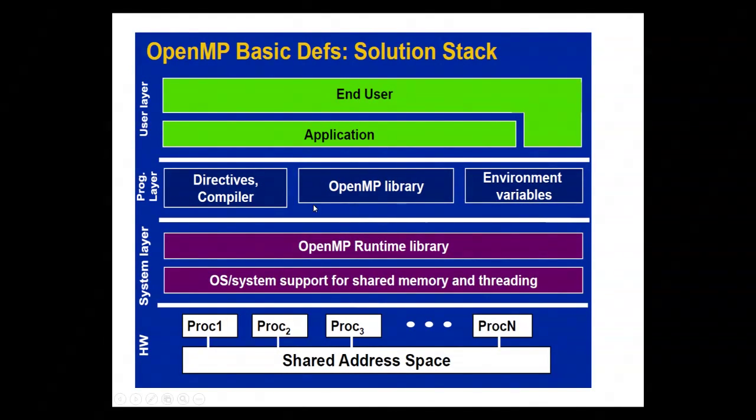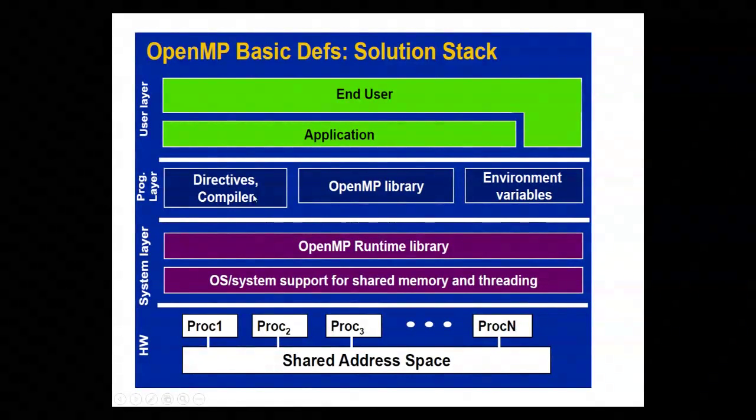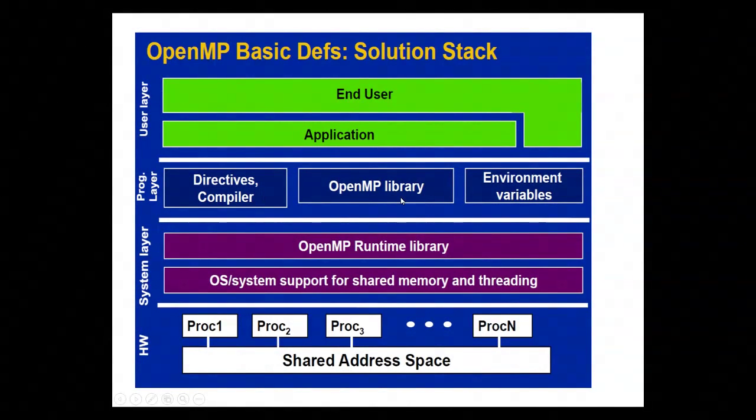And then on the program side, it's basically three parts: either the directives or the compiler library. This part is done on the software side and is supported by the compiler. And then you have your own applications.